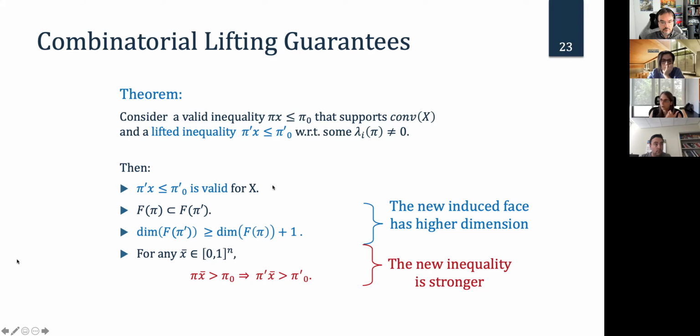So we're not adding anything that is going to remove points that we actually want in our problem. The induced phase, the constraint that we get intersected with the convex hull, has higher dimension. So that means that basically it is stronger, and also that it will actually remove more fractional points than we had before. So it basically has all the nice properties that we want. We actually get something stronger every time we do this procedure.